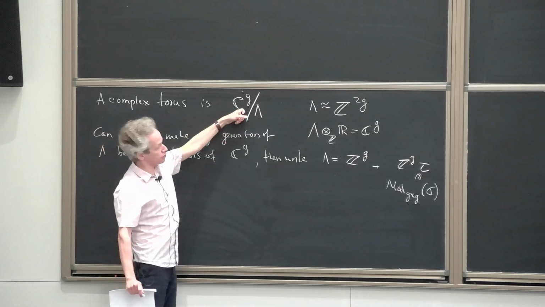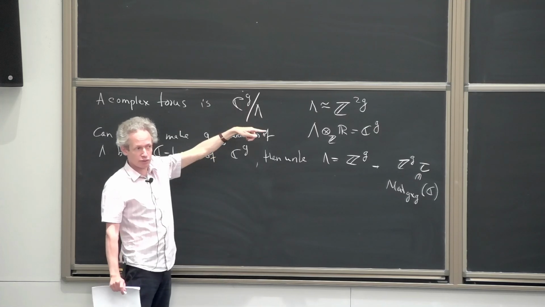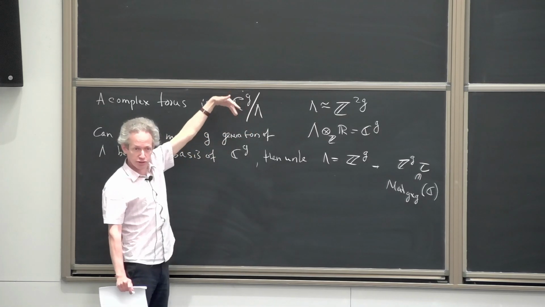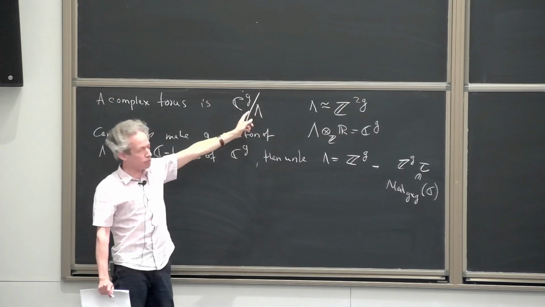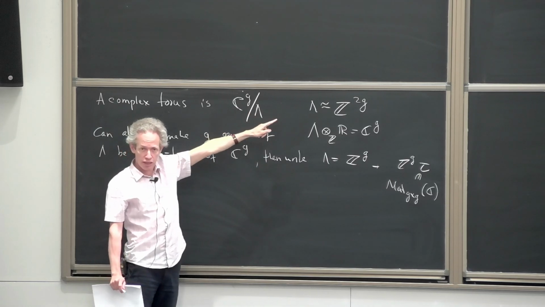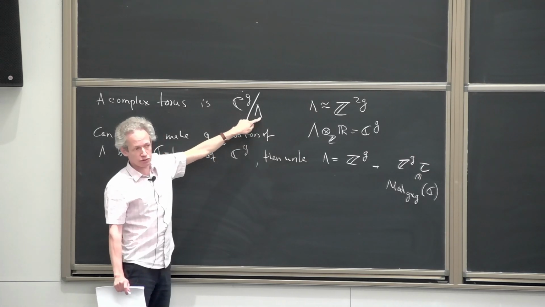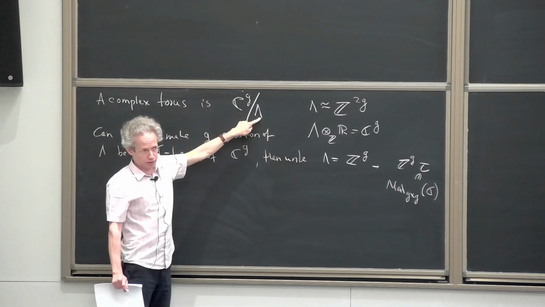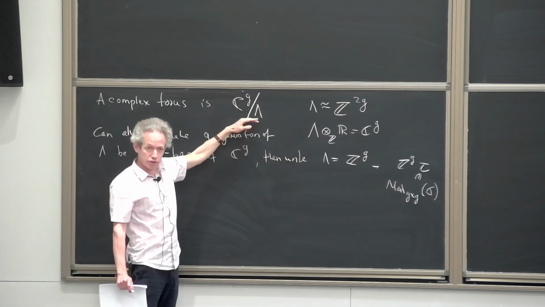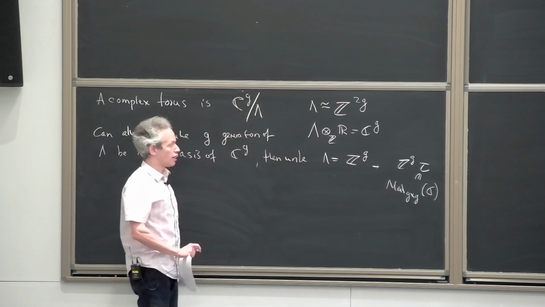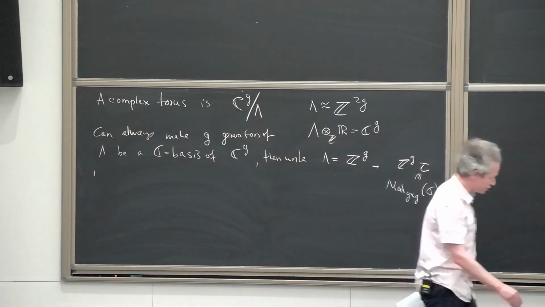If I have one object of this form and another object of this form, and I have a holomorphic map from one to the other, I can lift it to the universal covers. I'll get a map of C^g to C^n. I'm most interested in maps C^g to C^g. A lift of a map of complex tori will be a holomorphic map of C^g to C^g which has linear growth, which must be a linear map. Okay?